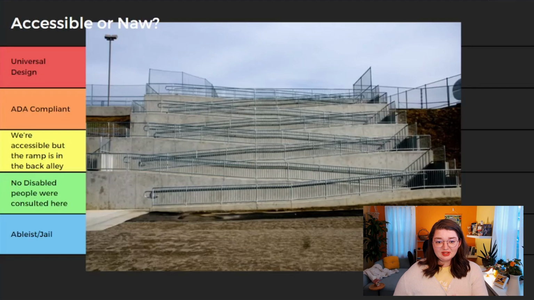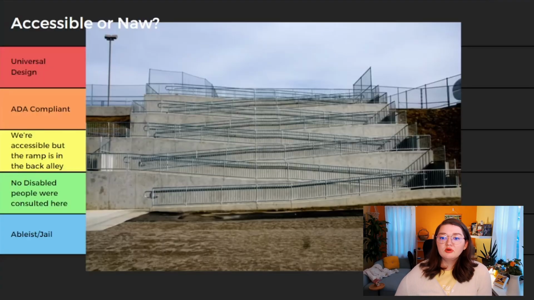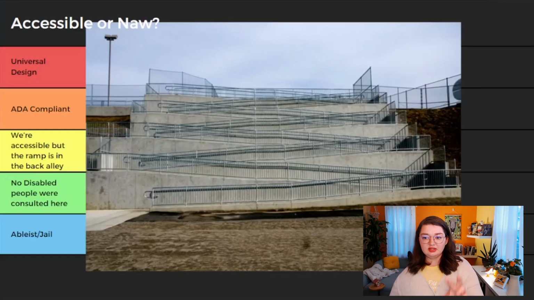I'm going to put this one in ADA compliant because they did their best, and this ramp does look compliant. The slope looks good. Every 30 feet, in order to be ADA compliant, a ramp needs a flat area so someone in a manual chair can rest and not fall back down the ramp. This one does appear to have the rest areas in the middle.